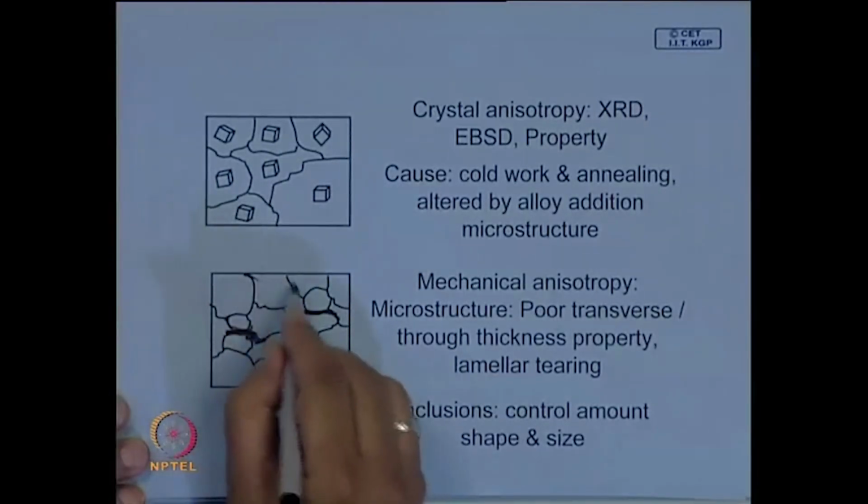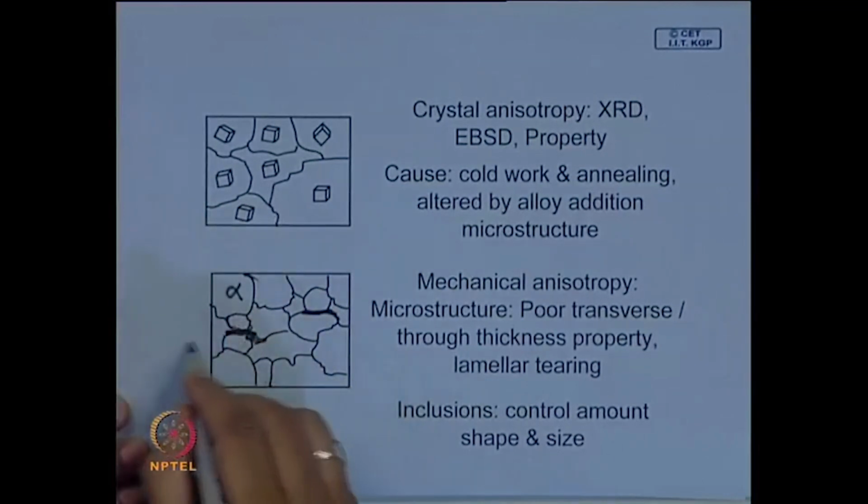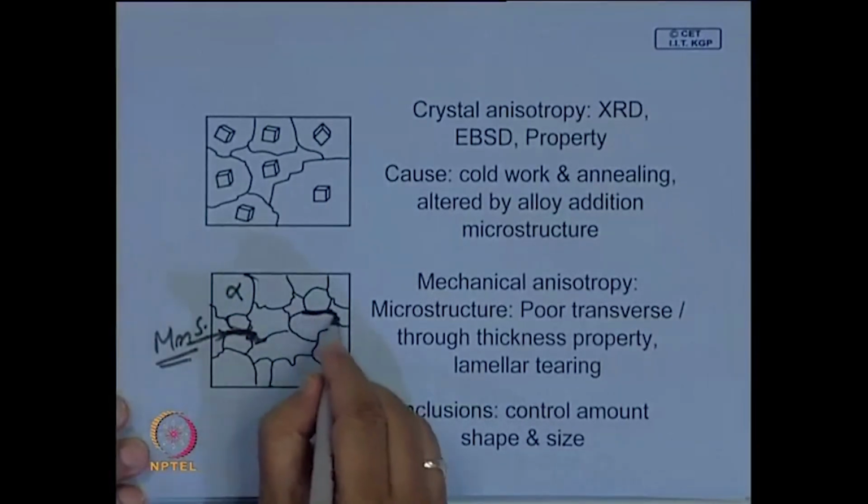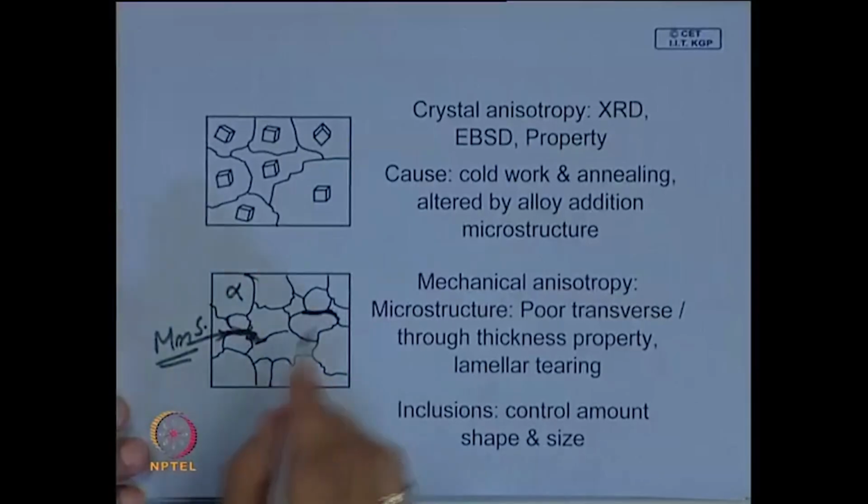These are the main grains. Let us say this is ferrite, this is manganese sulphide. So, these are non-metallic inclusions, they have totally different characteristics.